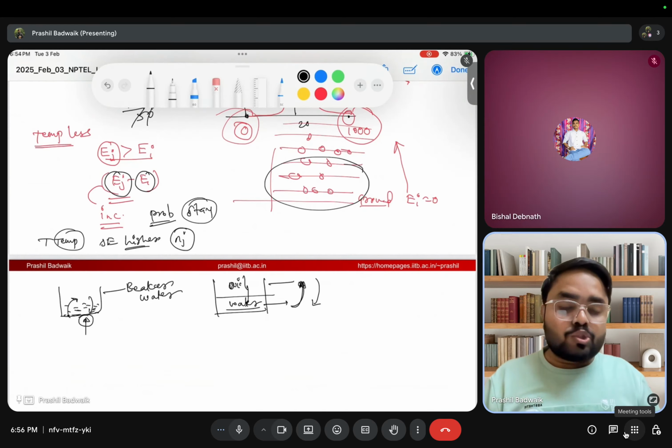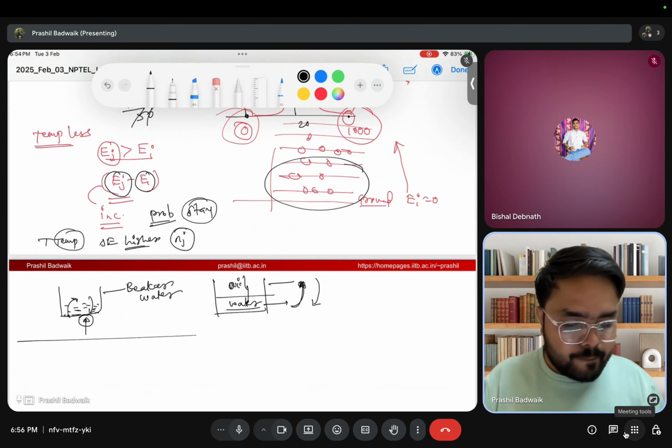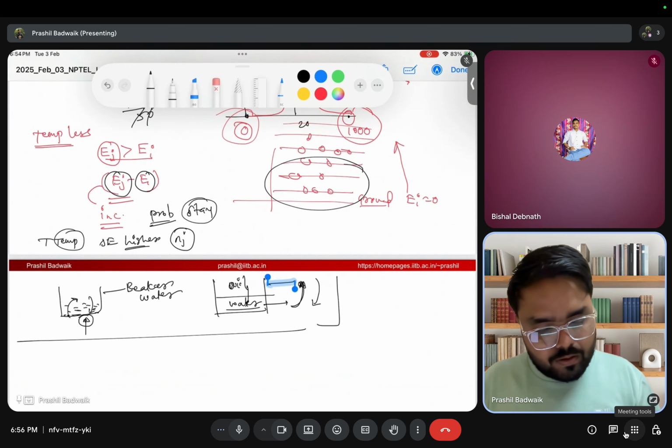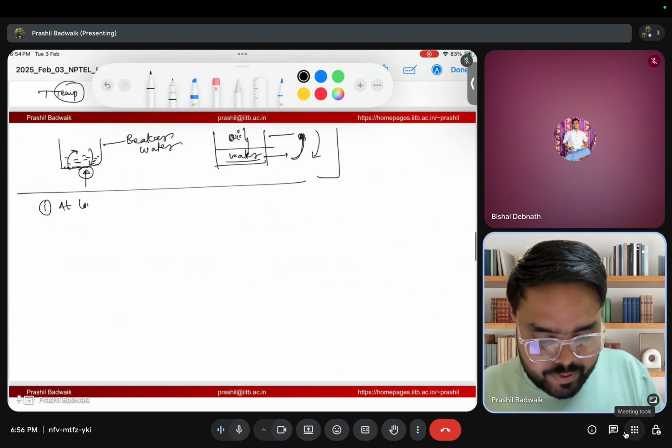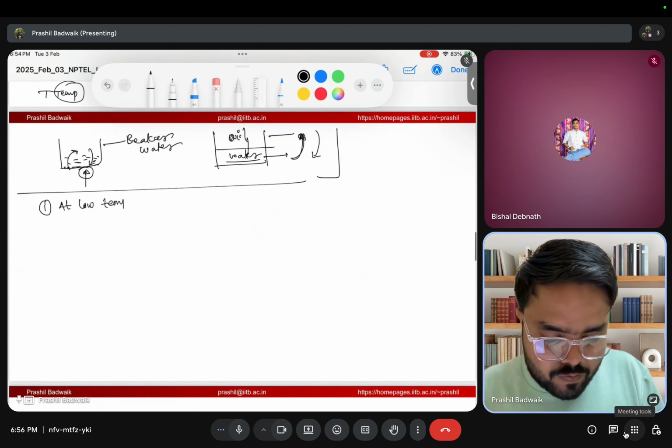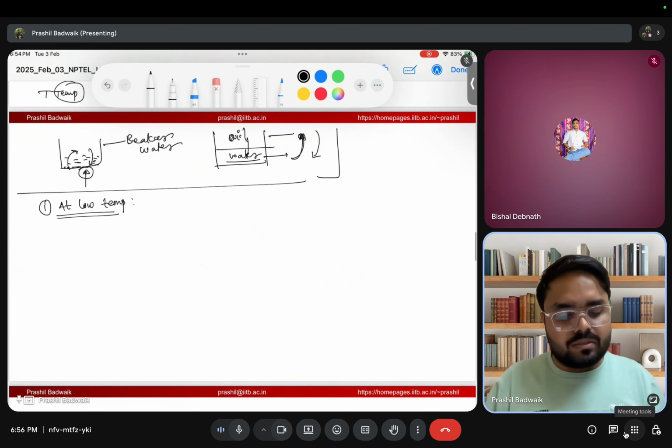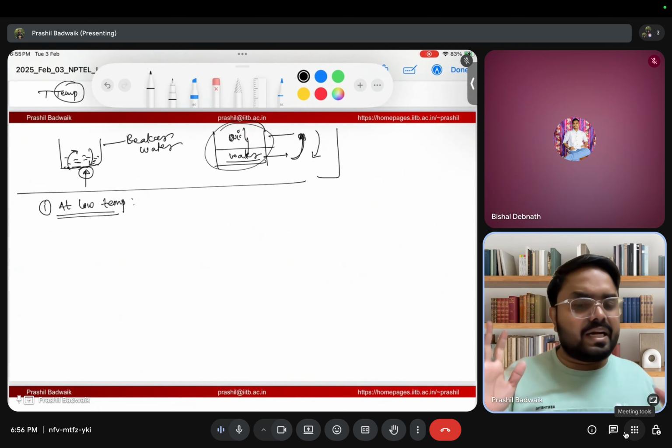Correct. So the conclusion is, at low temperature, oil and water will stay at their own energy levels.